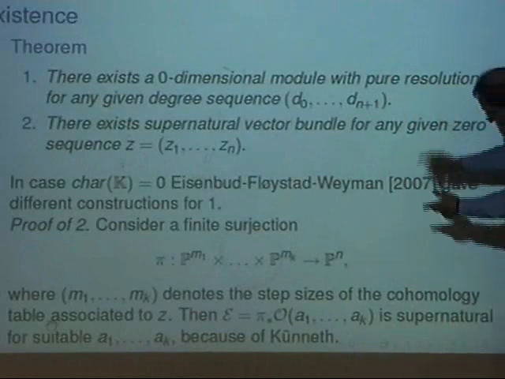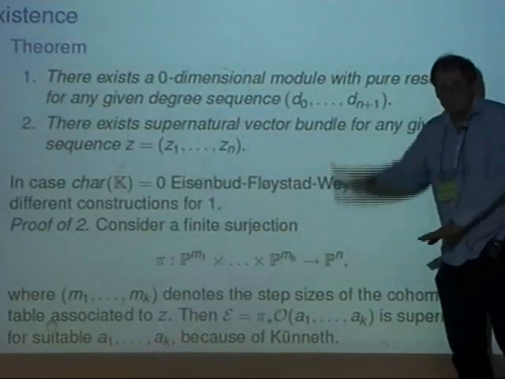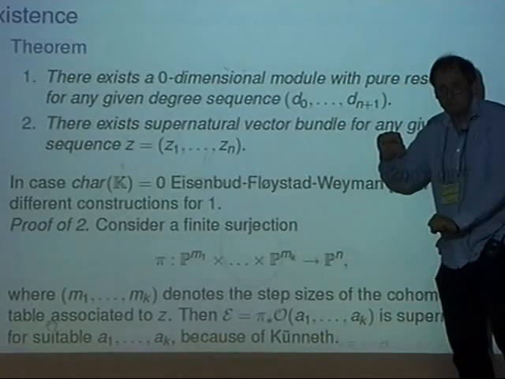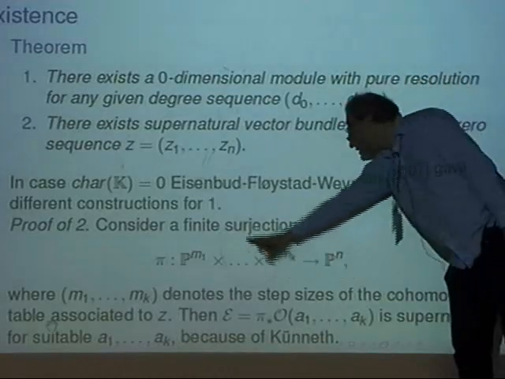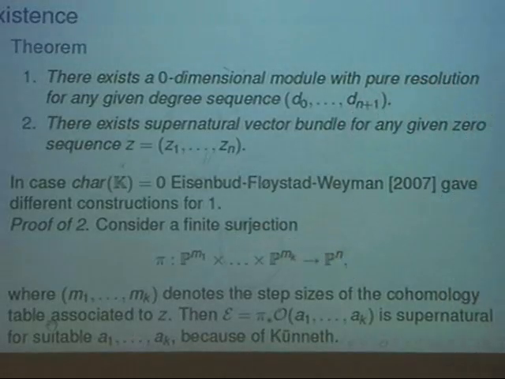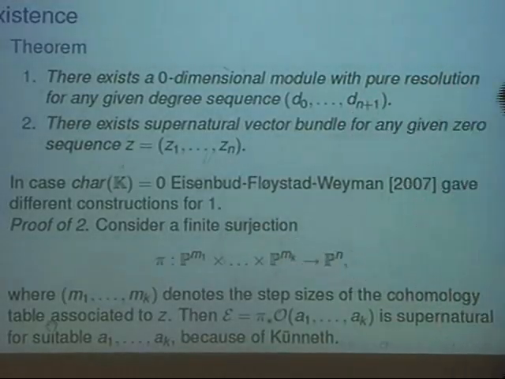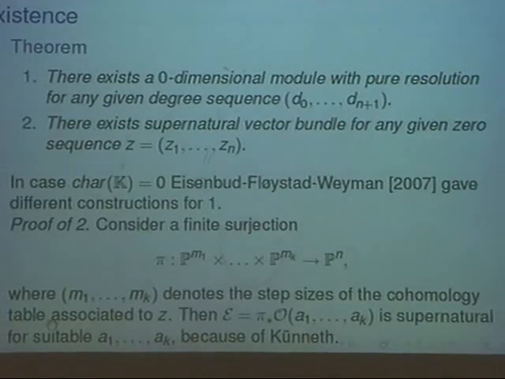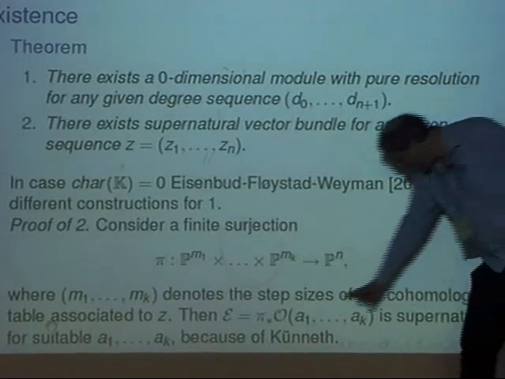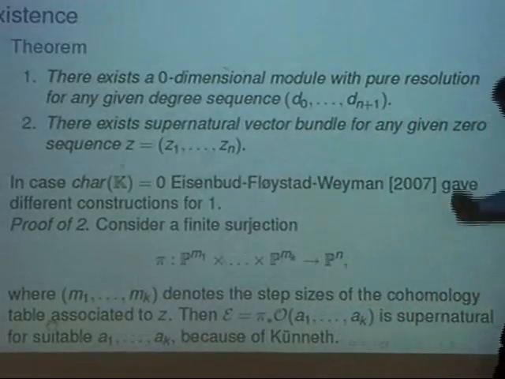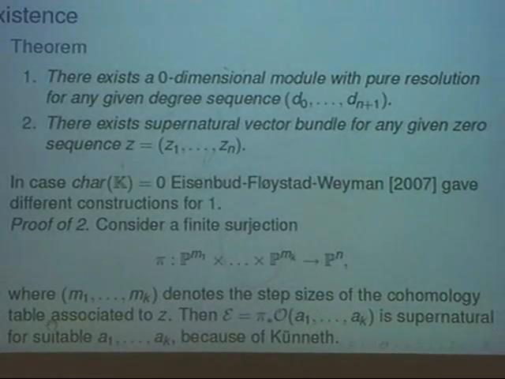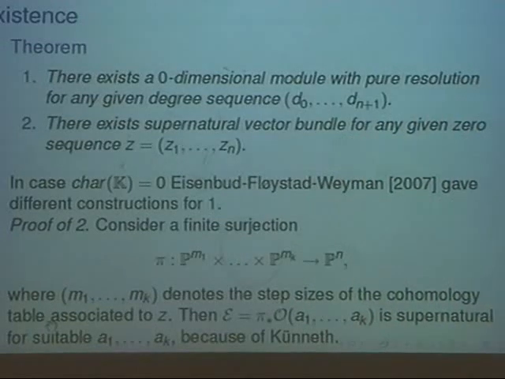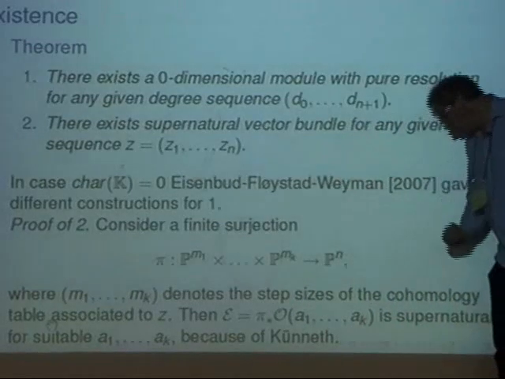Since the number of steps is the number of columns, they sum up to n. So we certainly have a finite map to P^n of these. And now we just take a line bundle on this product and push it down and take a suitable twist, and we will see that this will be a supernatural bundle just by Künneth.